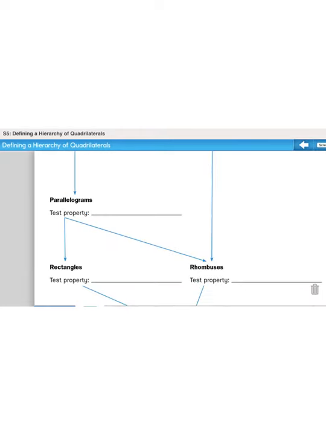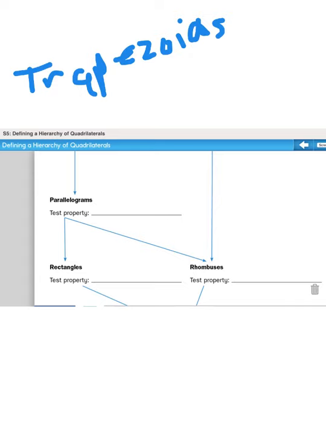As we continue moving down our quadrilateral hierarchy, straight down from trapezoids, let me write this up here. This would have been our trapezoids from the last screen. Trapezoids were up here. So that arrow came straight down to parallelograms. Now, what are the test properties of parallelograms?